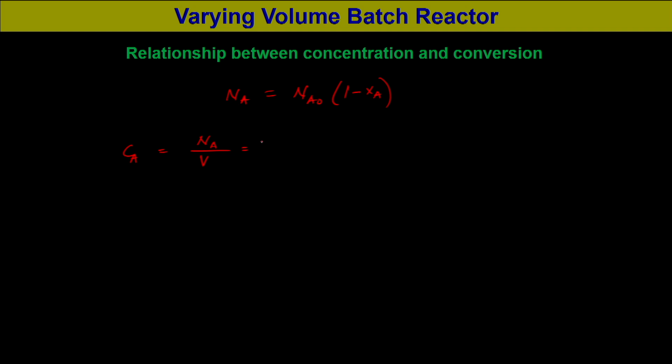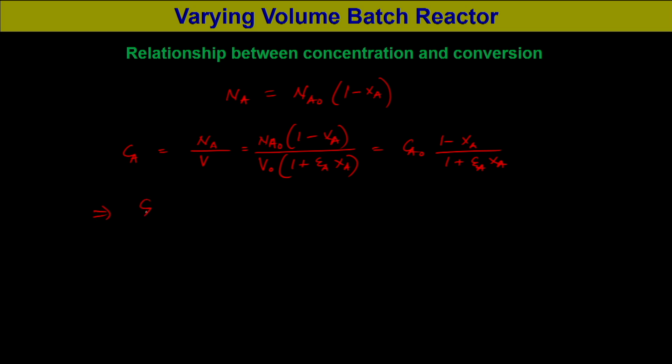So, we can write Na is Na naught into 1 minus Xa, divided by V, which is V naught into 1 plus epsilon A Xa. So, this we can write Ca naught into 1 minus Xa divided by 1 plus epsilon A Xa.